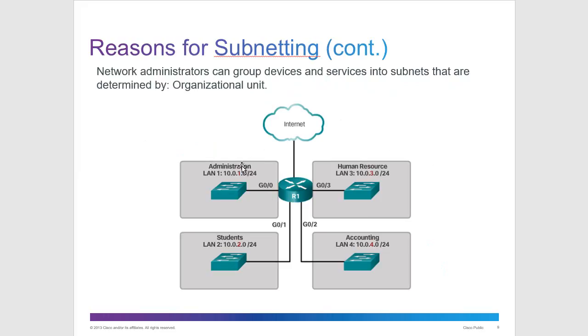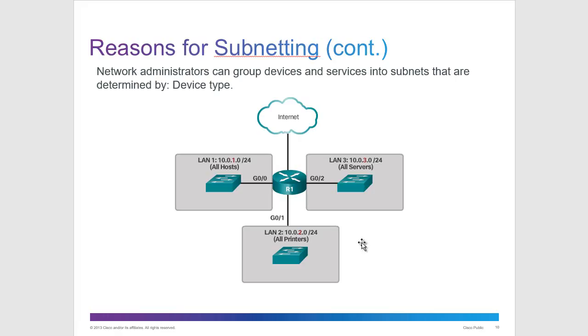In this example, we've got administration, human resources, students, accounting. So that could be a reason. We just talked about that. You might subnet by device type. You've got all hosts, all servers, all printers, all on their own different subnets. So those are reasons for subnetting.